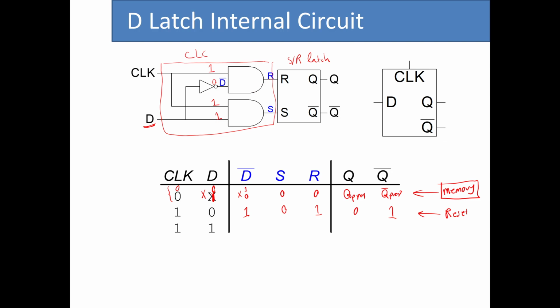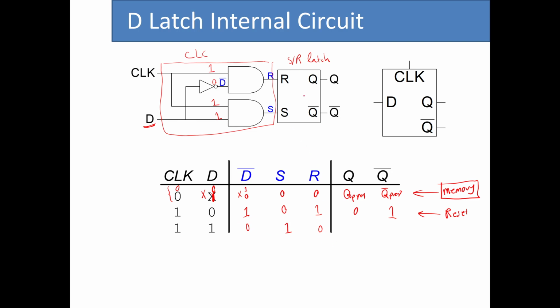So for R, we have the result of ANDing clock and D bar, or 1 and 0, which makes R to be 0. For S, we have the result of ANDing 1 and 1, which is 1. And then D bar is 0 because D is 1.